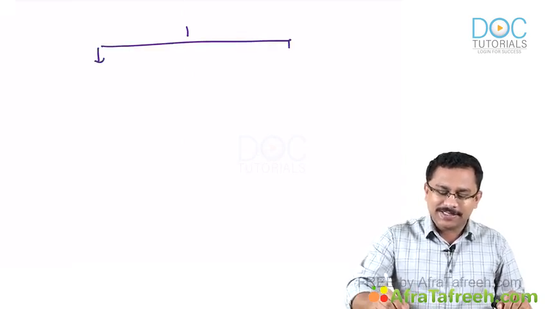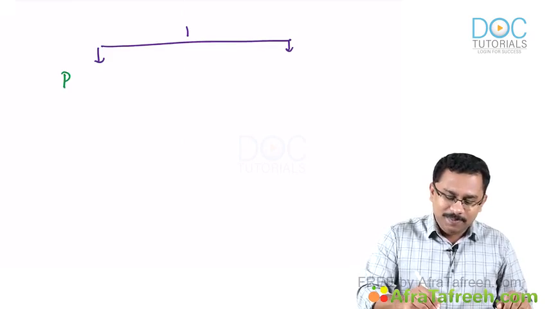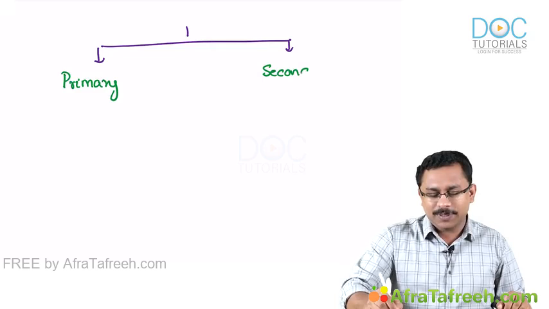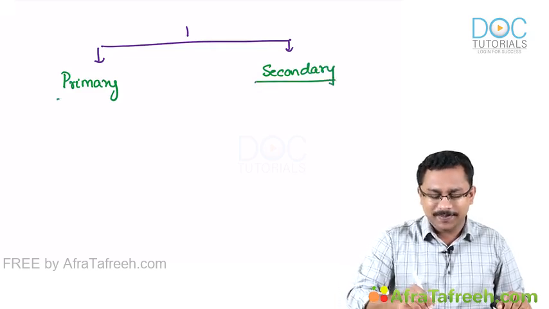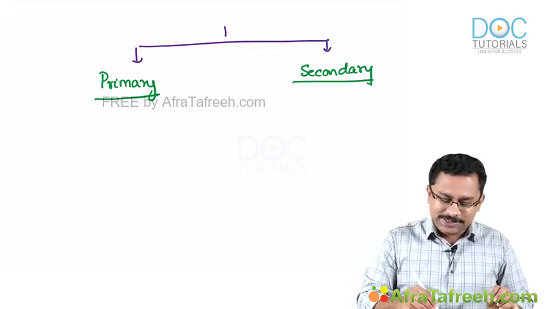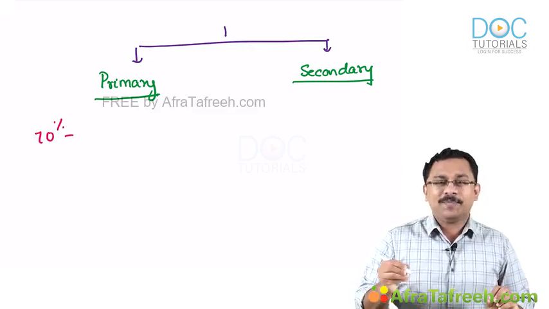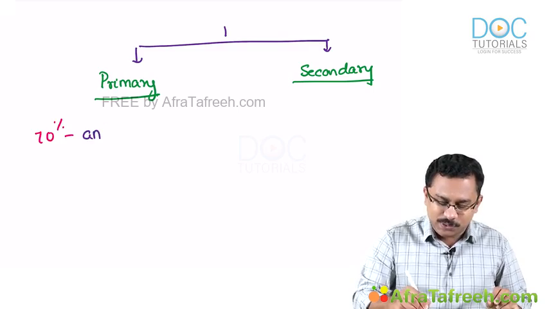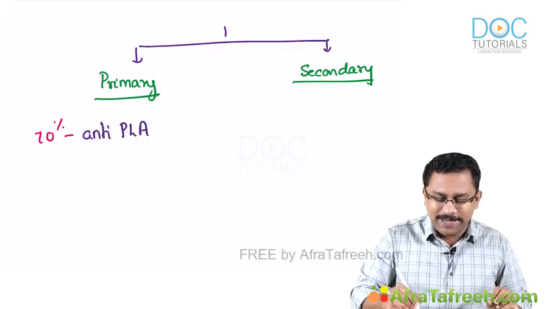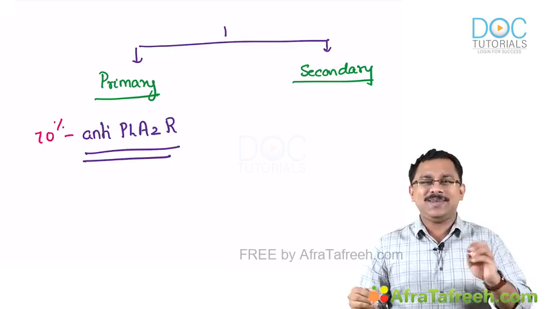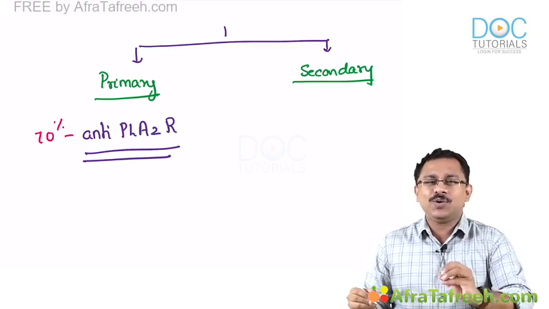Please understand that this membranous nephropathy can be classified into a primary membranous nephropathy as well as a secondary membranous nephropathy. So regarding primary membranous nephropathy, almost 70% of cases are because of antibodies to phospholipase A2 receptor.